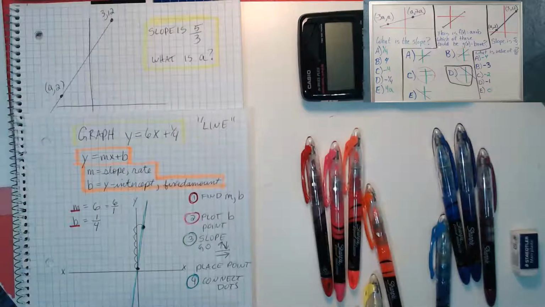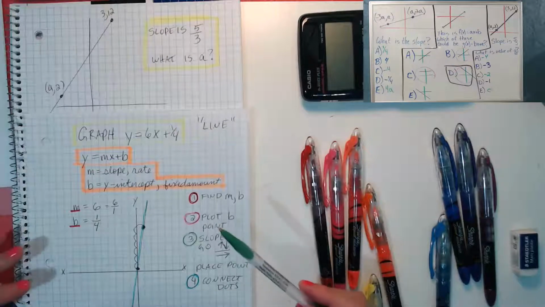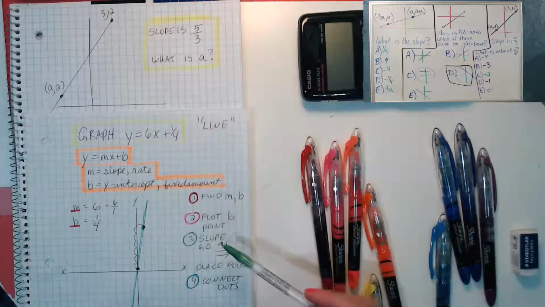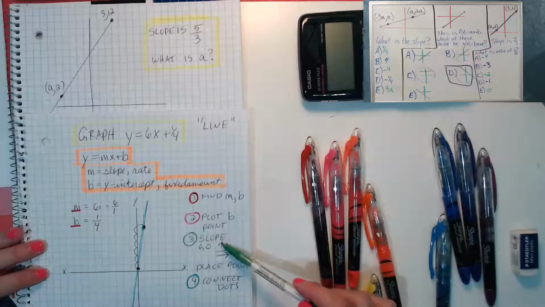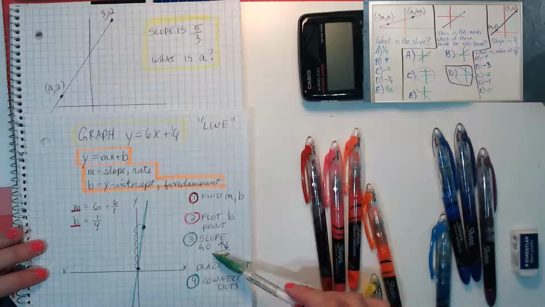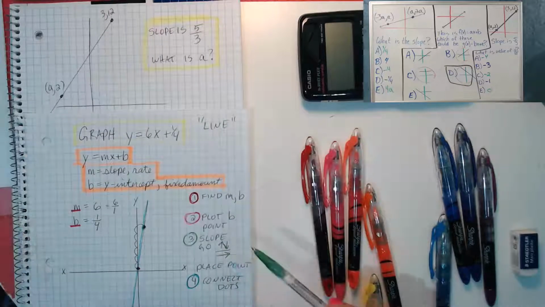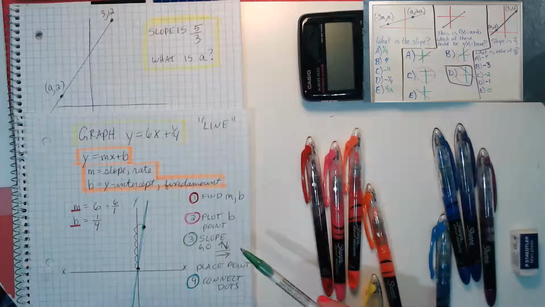Okay. Y'all drawn it yet? Yes. Okay. So the way we do slope again, just a little review here, is the slope goes up or down a certain number divided by how far we go to the right. Okay?